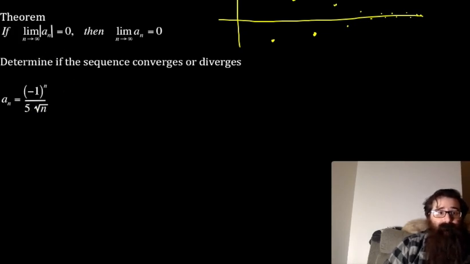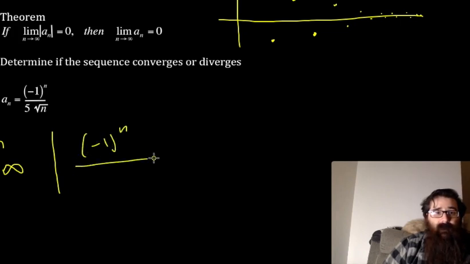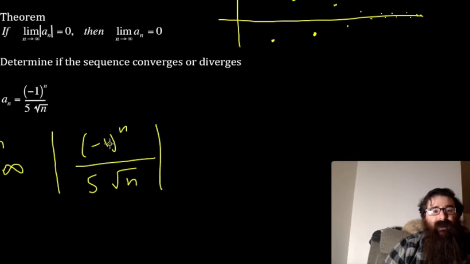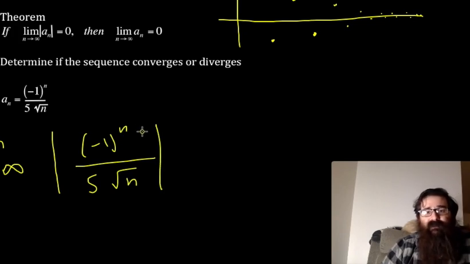So, okay, let's try it before we buy it. Limit as n goes to infinity of the absolute value of -1 to the n divided by 5 times square root of n. Since n just takes on integer values, usually starting at 1, -1 to the power of n is either a -1 or a positive 1.